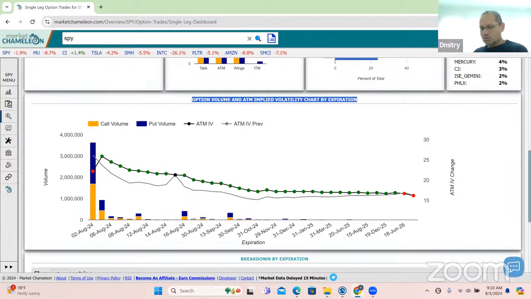We also have two charts that are tracking the implied volatility, the at the money implied volatility of the options in that expiration. So the idea here is to first look where the trading volume is.